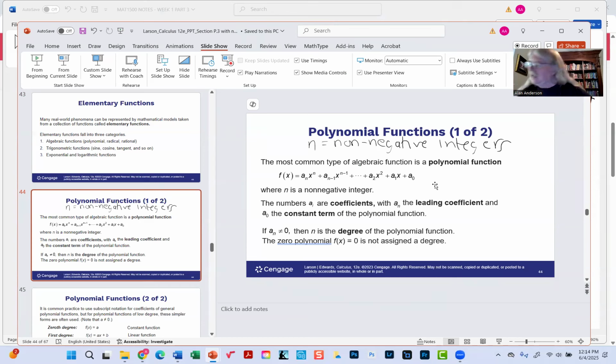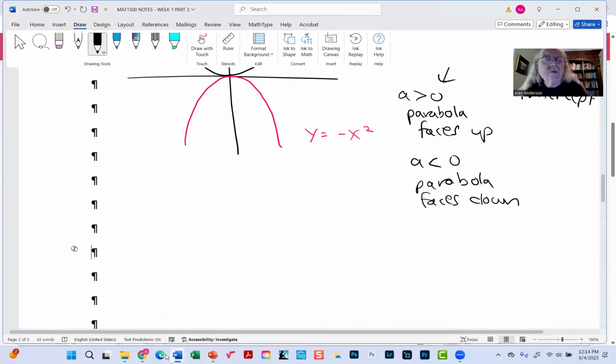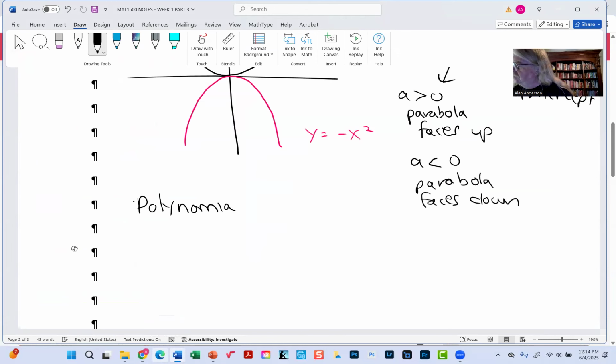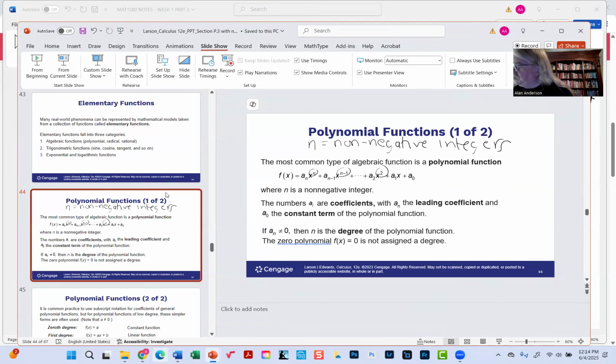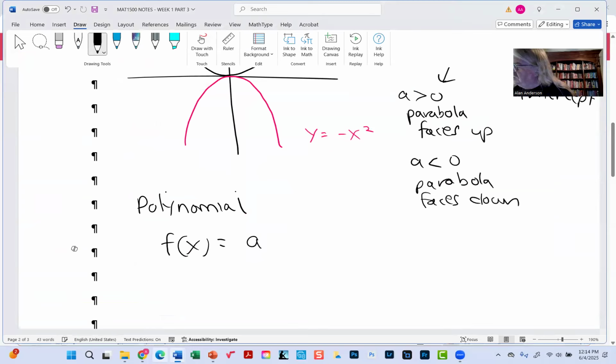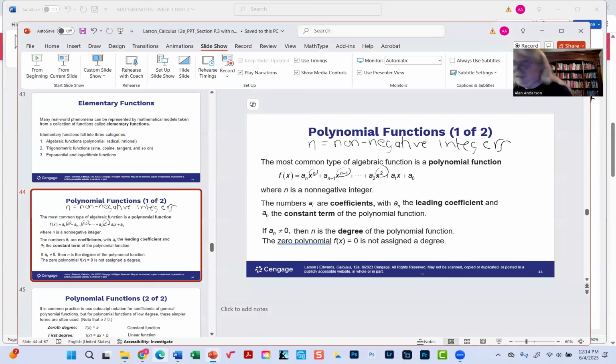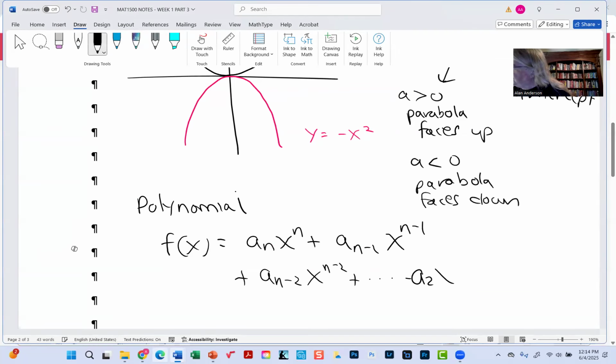And you can see the x's have progressively smaller exponents. That's just a general expression for a polynomial, written in the most general possible terms. And then the last couple are going to be a2 x squared, a1 x, and then a0.